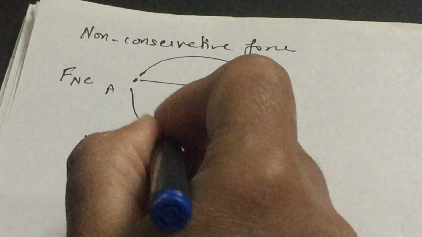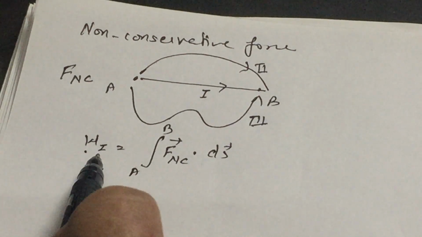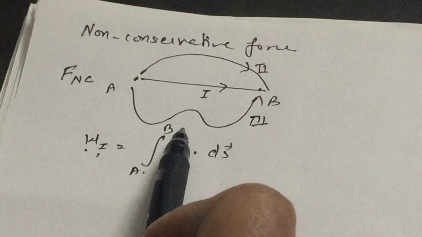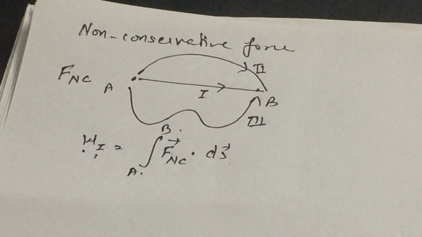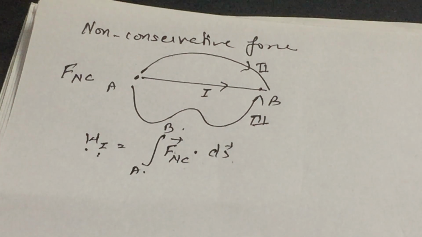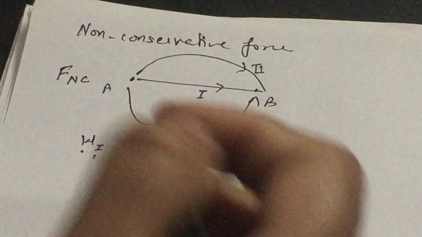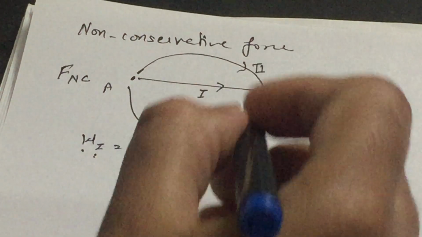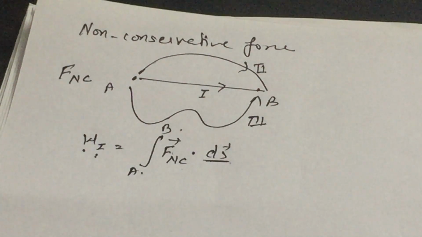For the first path, the work done is W1 from A to B, and this is our work done in case the body is experiencing a non-conservative force. Similarly, here we will take the actual path followed by the body.